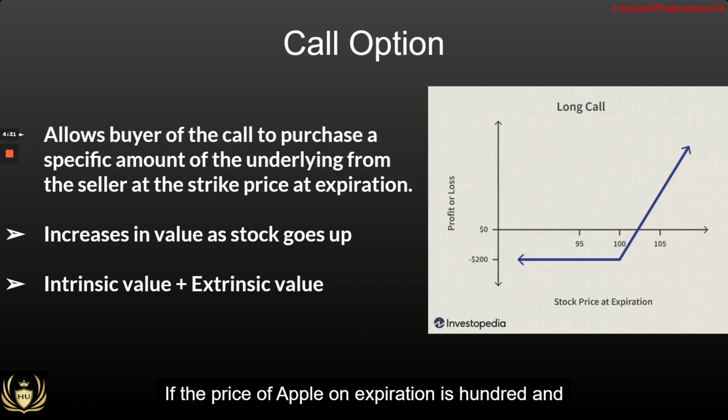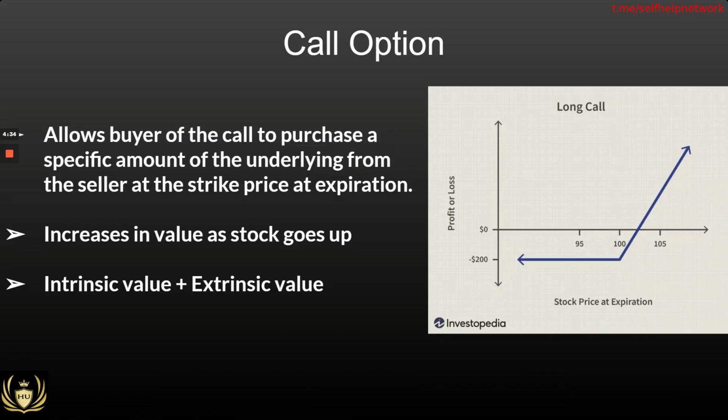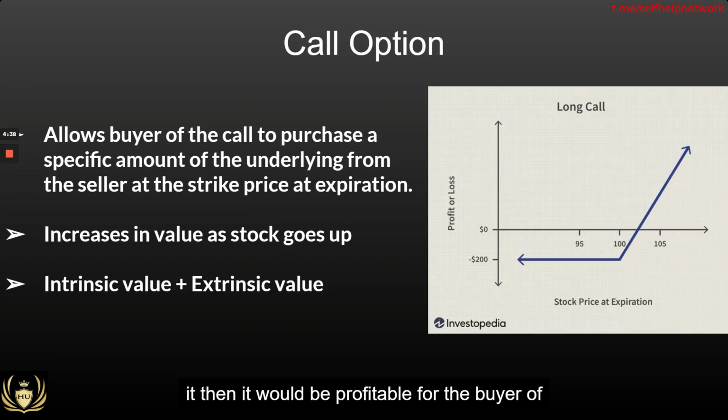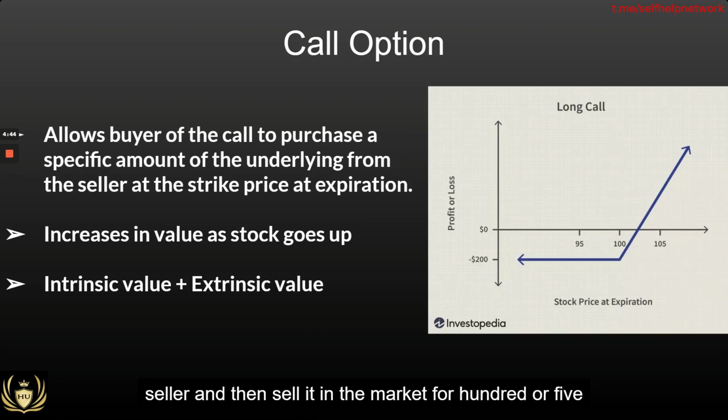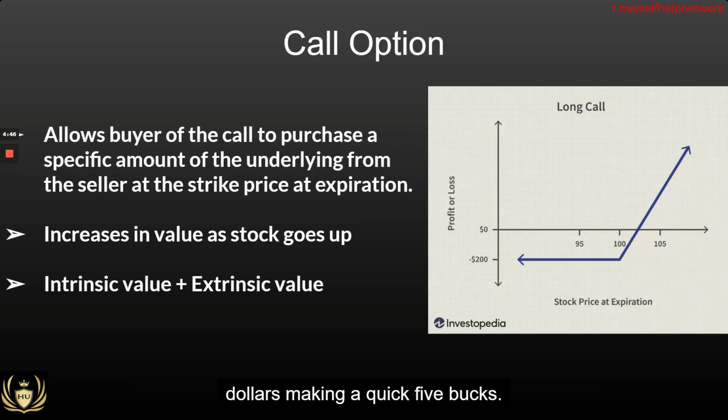If the price of Apple on expiration is $105, then it would be profitable for the buyer of the option to buy Apple at $100 from the seller and then sell it in the market for $105, making a quick $5. So let's say the initial fee that the buyer had to pay the seller was $2 per option.